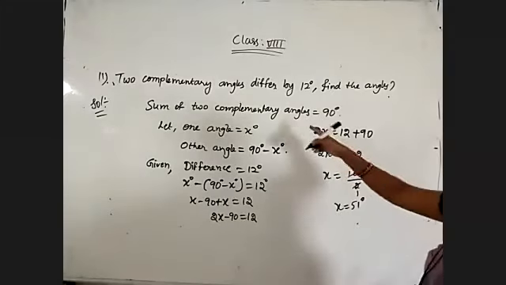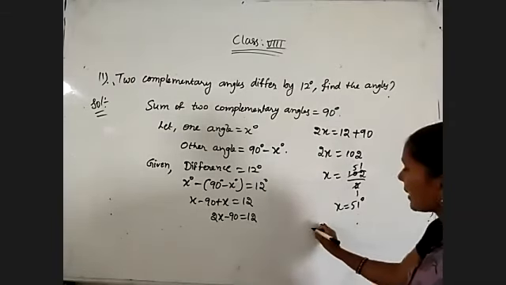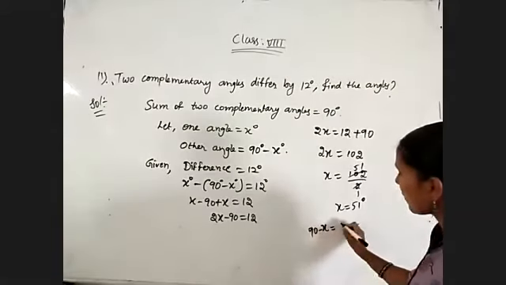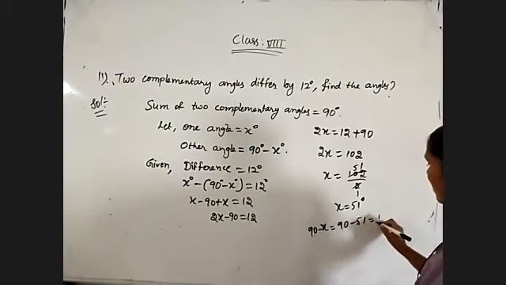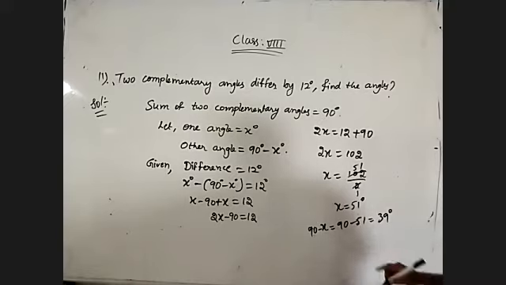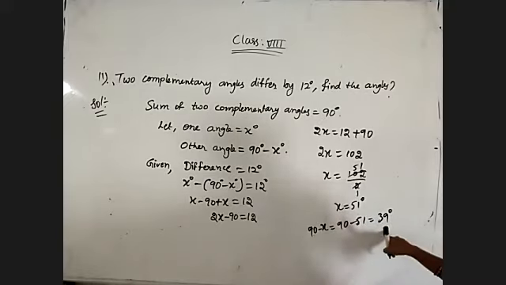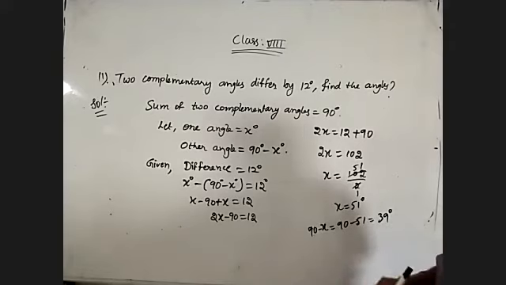Okay, find both the angles, they said. So the other angle is 90 minus x, which is 90 minus 51, equal to 39 degrees. So add these two, compulsorily you will get 90 degrees. 39 plus 1 is 40, 50 plus 40 is 90.